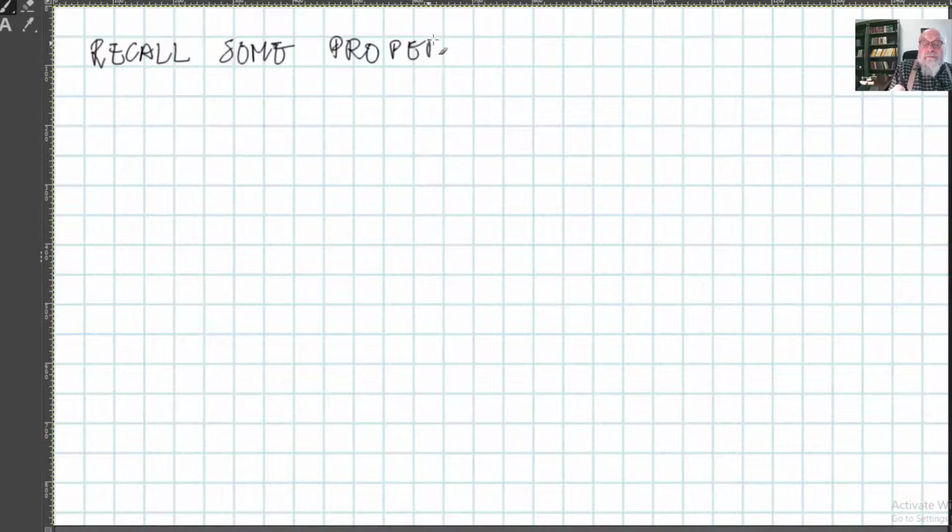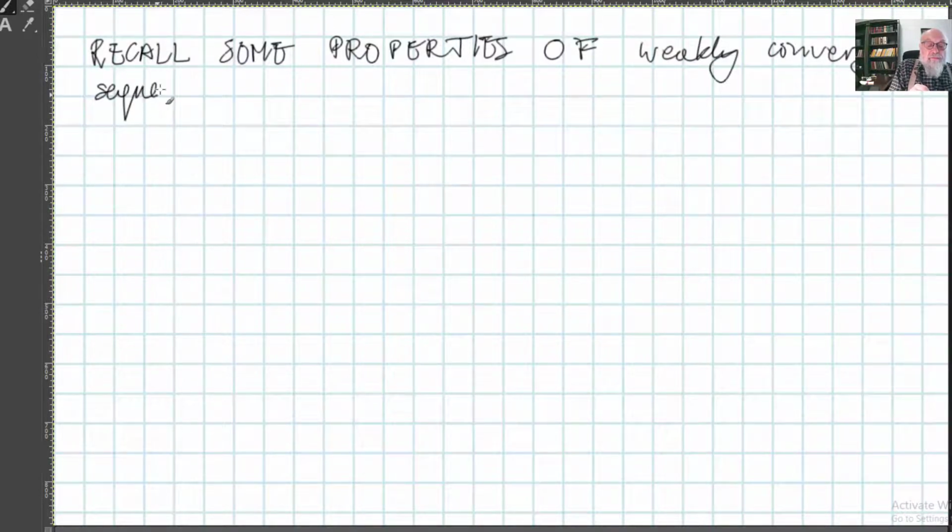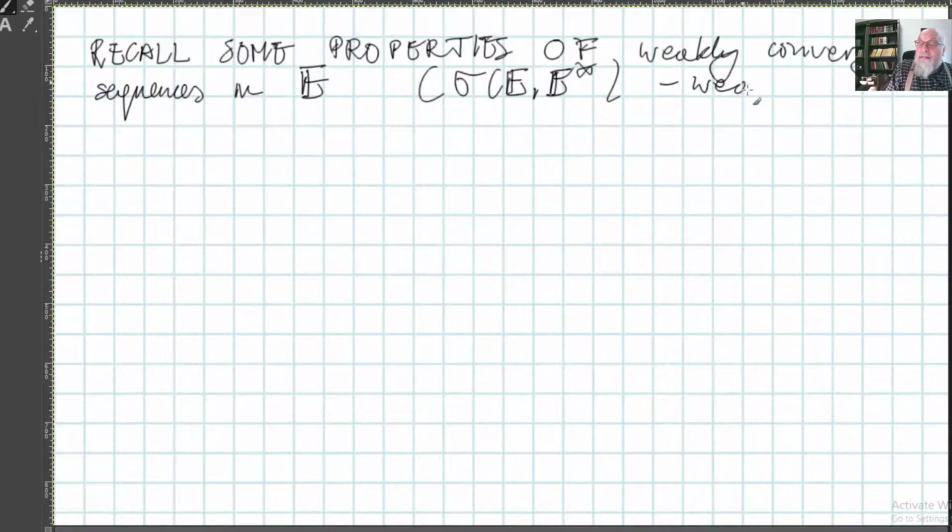Recall some properties of weakly convergent sequences in E. Remember this means we are using the weak topology for this convergence.